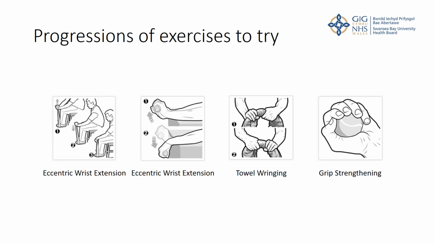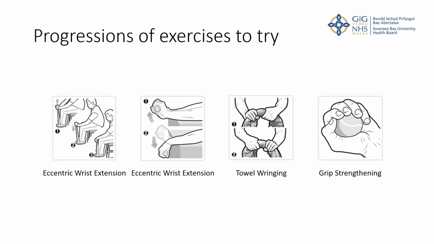And what they're doing is bringing their wrist in an upwards direction, so contracting the muscle, and on the way down, you can see labeled number 2, they're going to go down really slowly and really controlled. And the slower and the more controlled that movement on the way down, the better. A real good starting point is that we would recommend 3 sets of 8 twice a day.